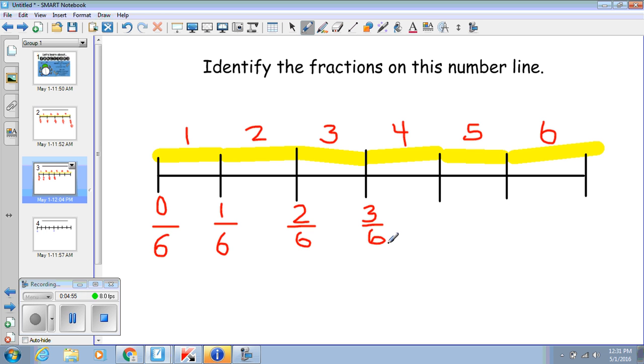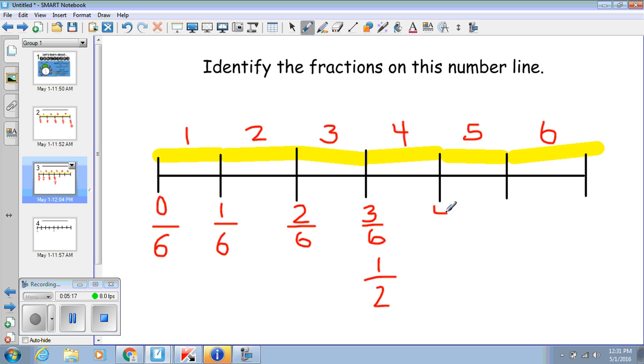I'm going to make an observation about this point on the number line. There is another way to say this point. I could also say I am halfway across the number line. 3/6 is equivalent to 1/2. They're the same. Let me continue.